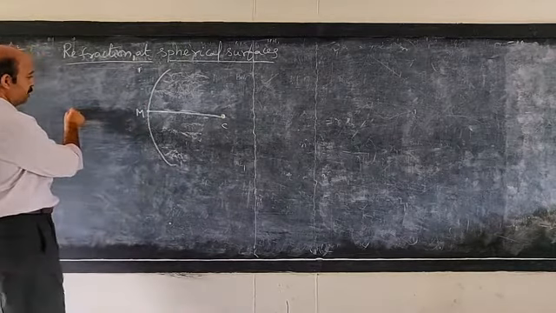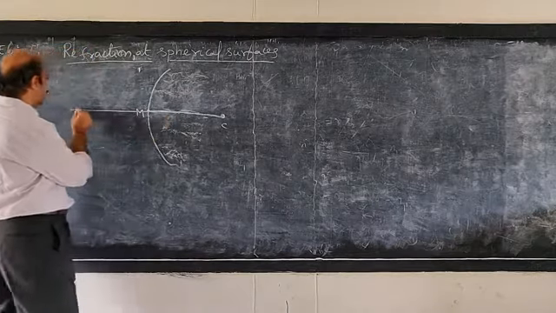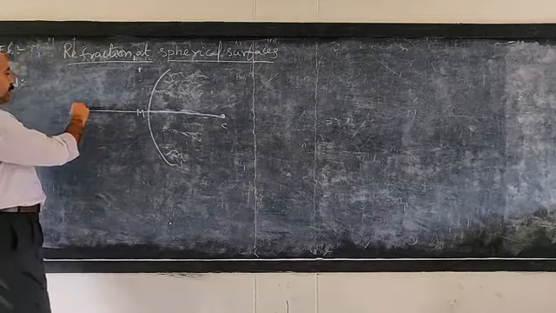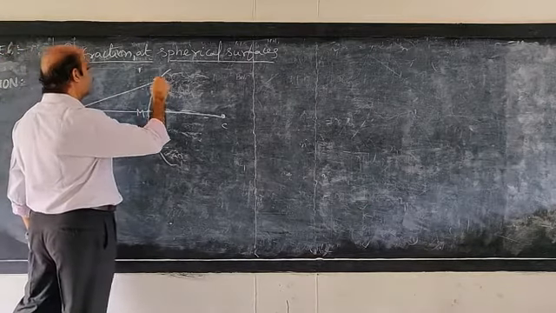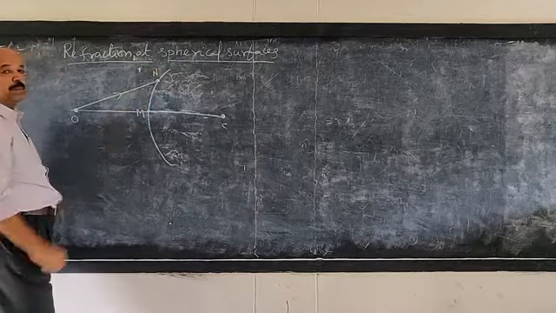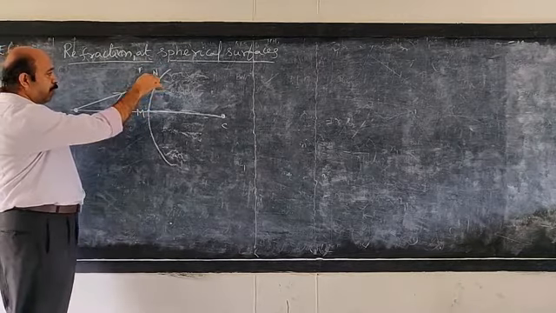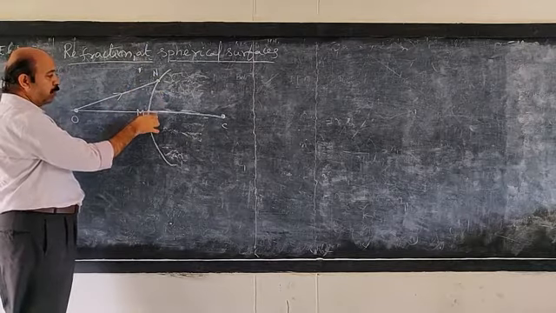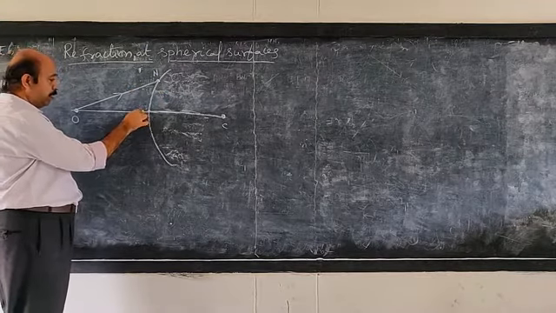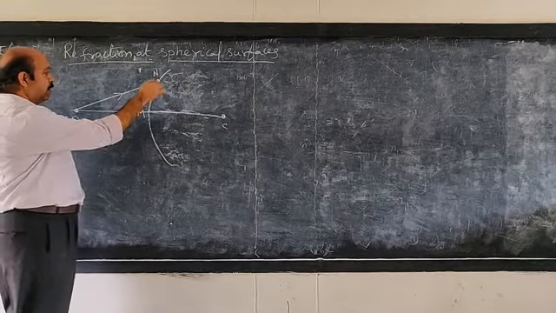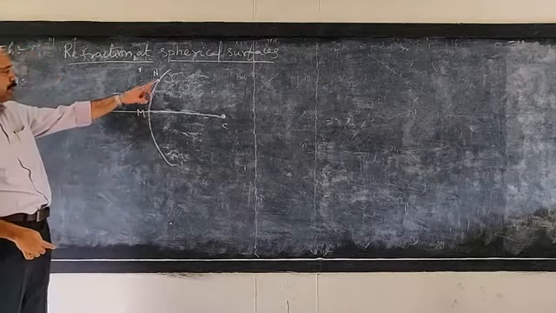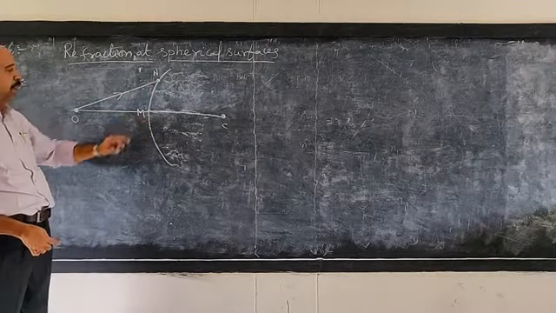Now extend this axis. Let there be an object at some point O. Consider a ray incident at some point, let us call it N. Now imagine a normal drawn from N to the axis, at a point very near to M. So this MN is almost equal to the perpendicular distance from N to the axis.